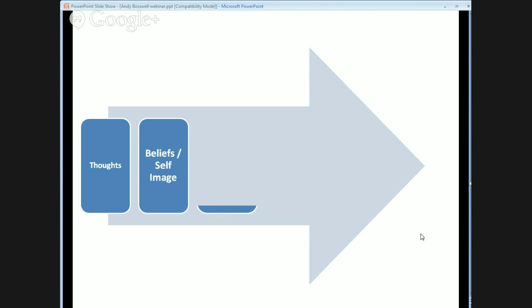Now, your beliefs and self-image form your attitude. Okay, and your attitude is either a positive attitude or a negative attitude, depending on your beliefs towards any given subject. So you're either leaning towards it, which is a positive attitude, or you're leaning away from it, which is a negative attitude.